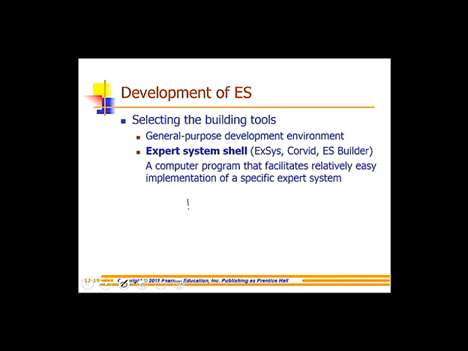If you are comfortable in Java, you can use Java, you can use Python, you can use C, you can use .NET, any general purpose environment for developing expert system. However, there are also some expert system shells available like Axis, Corvid, CS Builder.